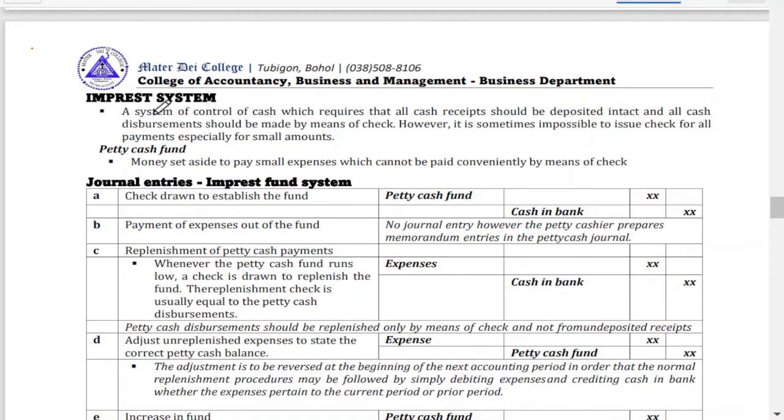So Imprest system is a system of control of cash which requires that all cash receipts should be deposited intact and all cash disbursements should be made by means of a check. So meaning, yung lahat ng collections natin for that day, as much as possible, is intact siya and madedeposit natin sa bangko.